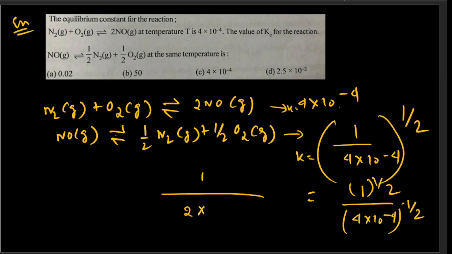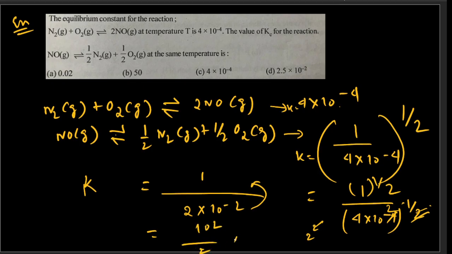So this is 2 into 10 raised to minus 2 in the denominator. If I take it to the numerator, this will become 10 to the power 2 divided by 2, that is 100 divided by 2, equal to 50. So B is the correct option.